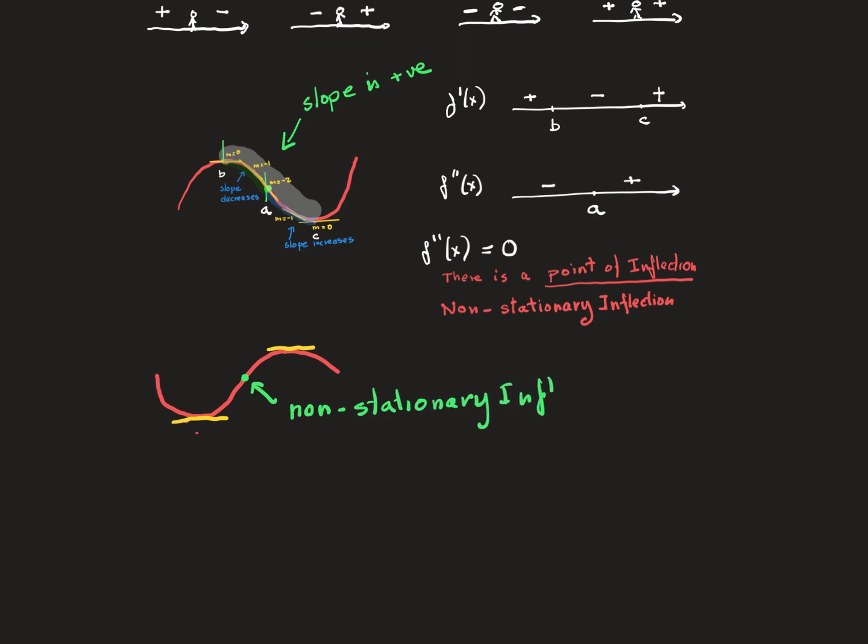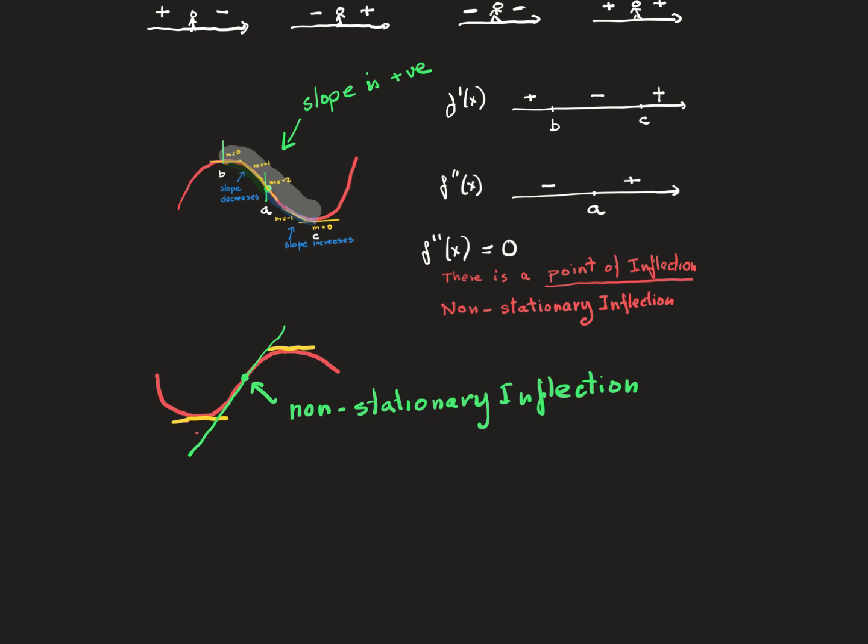Now this point is non-stationary because I can't draw a little person on a horizontal line. The tangent in here, you'll notice, goes through one side of the curvature to the other side.